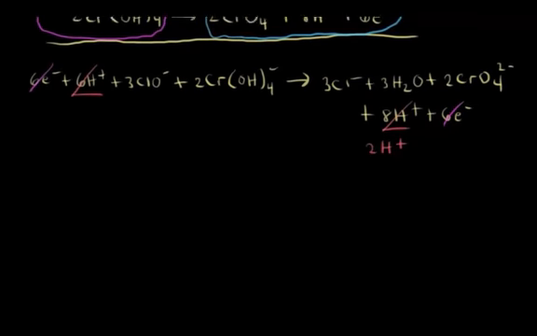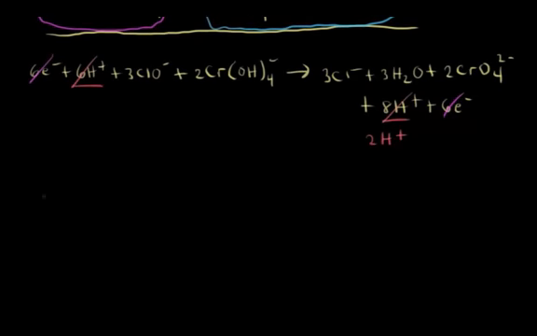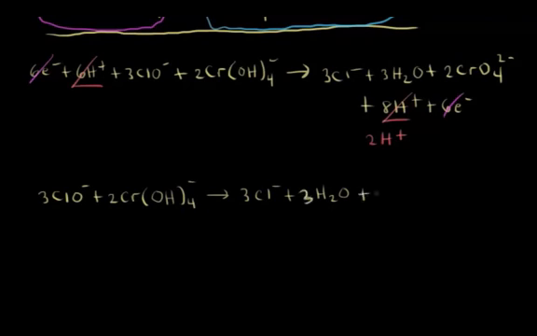Now that we've simplified it a little bit, we have 3ClO minus plus 2Cr(OH)4 minus yields 3Cl minus plus 3H2O plus 2CrO4 2 minus plus 2H plus.